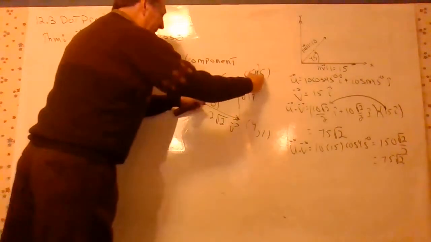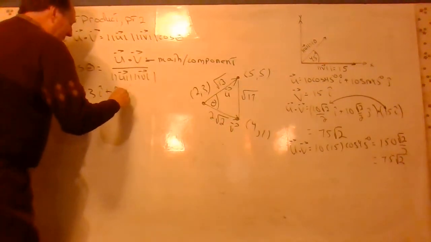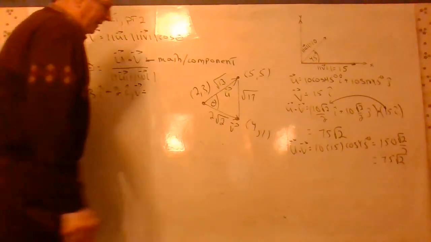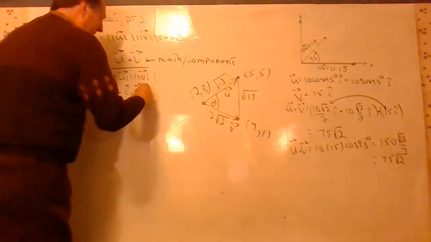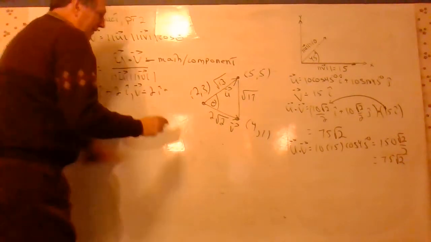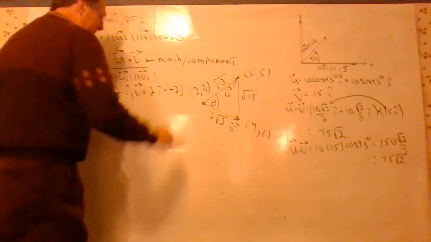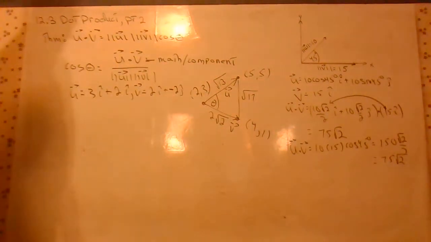And we go from 3 to 5, and so we get 2j. Let's find v. We go from 2 to 4, so we get 2i. And we go from 3 down to -1, -2j. There are our two vectors.